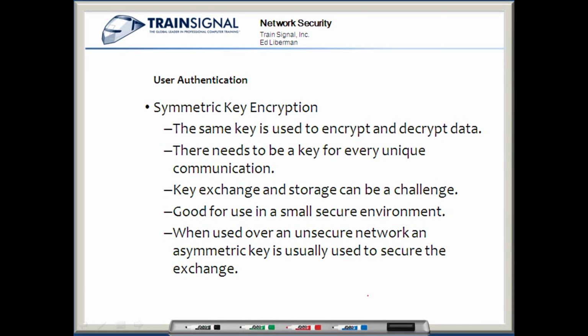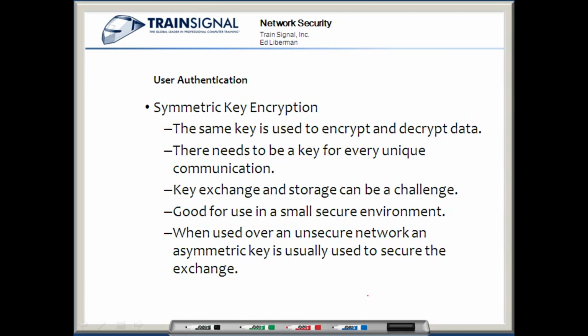It works just like the previous example: if I know the key is 2, and I know the algorithm is go up 2 letters, then when you decrypt the data, you just reverse the algorithm and go down 2 letters to turn the ciphertext into plain text. That's decrypting the data.